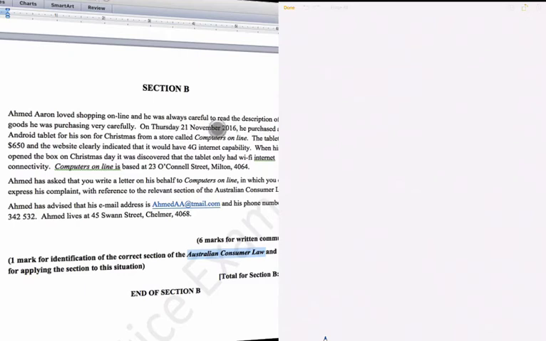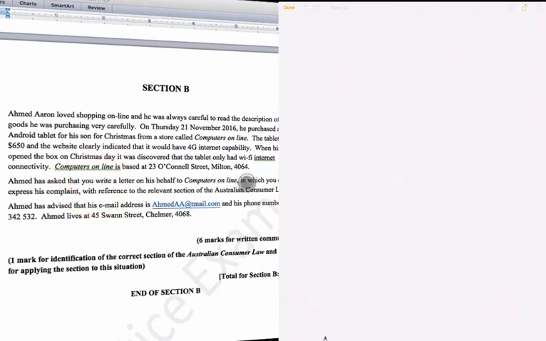When his son opened the box on Christmas Day, it was discovered that the tablet only had Wi-Fi internet connectivity. Computers Online is based at 23 O'Connell Street, Milton, 4064. Ahmed has asked you to write a letter on his behalf to Computers Online, in which you clearly express his complaint with reference to the relevant section of the Australian Consumer Law. Ahmed has advised his email address, his phone number and where he lives.